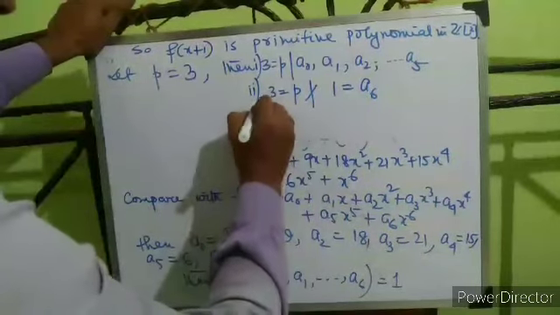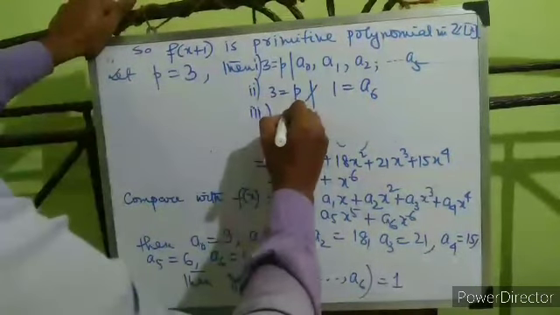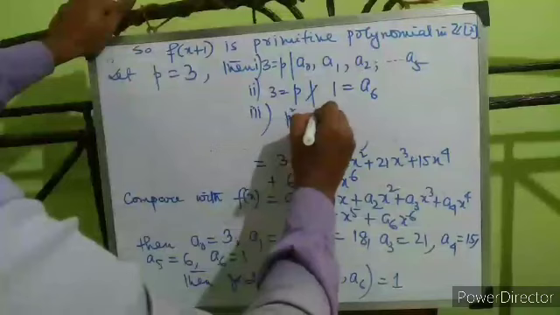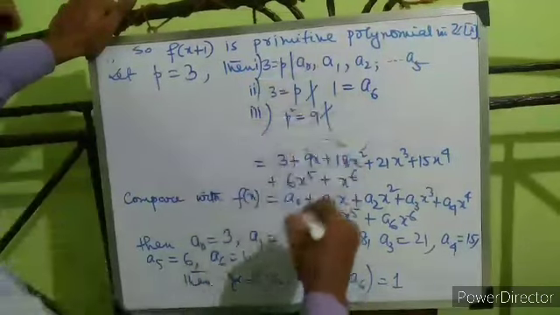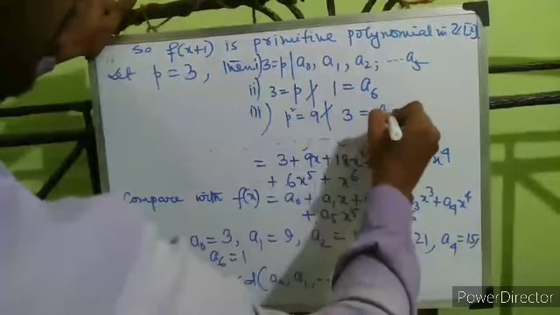Number 3, p square is equal to 9 does not divide 3, which is a0.